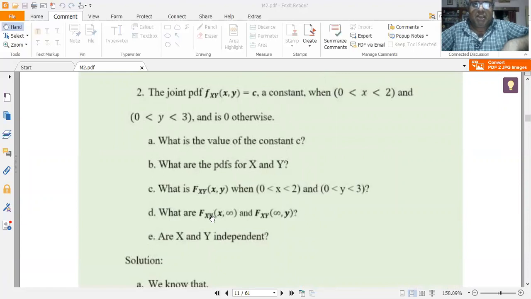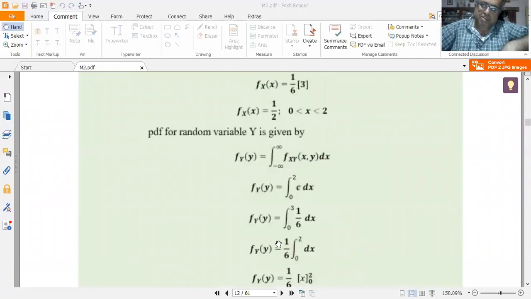Now coming to the fourth part. I have to find the marginal CDFs, which are given by capital Fxy of x comma infinity and capital Fxy of infinity comma y. I should be a little bit careful while doing the computation.